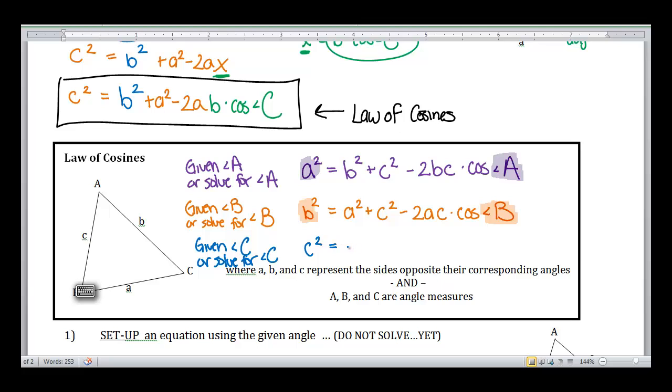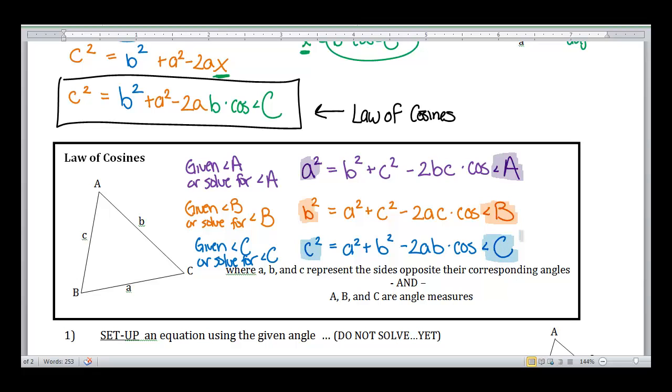C squared equals the other two sides, A squared plus B squared, minus 2 times A times B times the cosine of angle C.